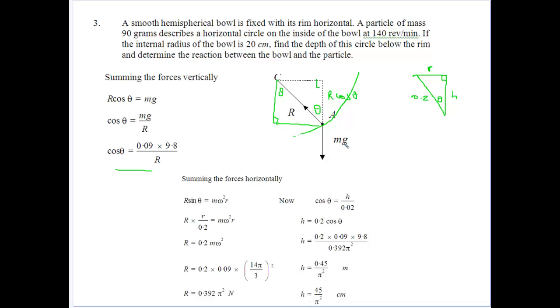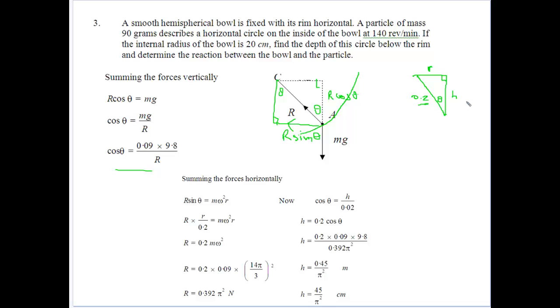We can also sum the forces horizontally. We know what's acting towards the center, r sine theta. So that'd be r sine theta acting inwards there, equal to mass times omega squared times r. So we know from this as well, if that's the radius of the circle being generated, that's the inner radius of the bowl, the distance from the center of the bowl to the circumference.